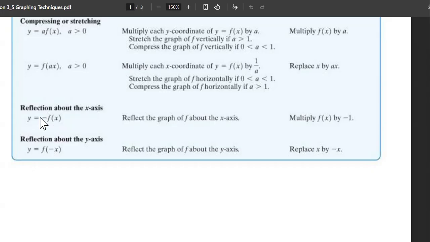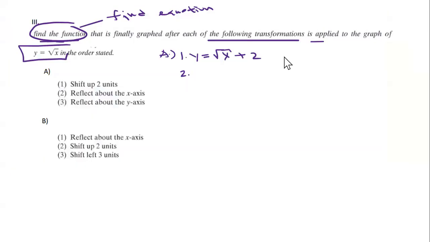You put the negative in front of the whole function, so be careful with that. A lot of students would say, oh, this must be y is equal to negative square root of x plus 2. That is not correct. We have to put the negative in front of the whole thing. So y is equal to negative, in parentheses, square root of x plus 2. We multiply the negative to the whole function.